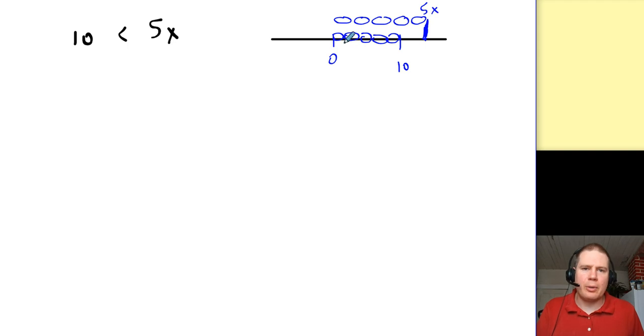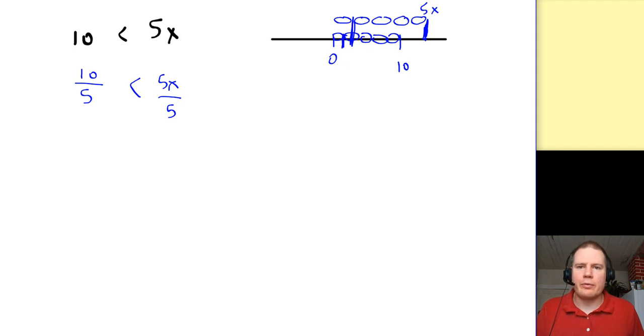And if you have a smaller pie, each of your slices of pie are going to be smaller than if you had a bigger pie. Well, that means that this spot here, a fifth of 10, is going to be less than this spot here, a fifth of 5x. I'm getting smaller pieces. And the same thing works with multiplication.